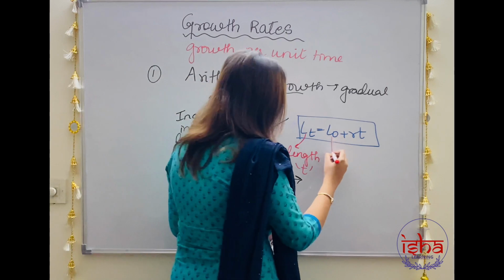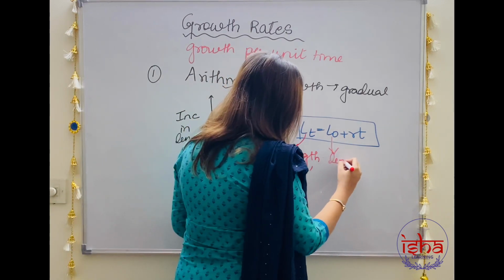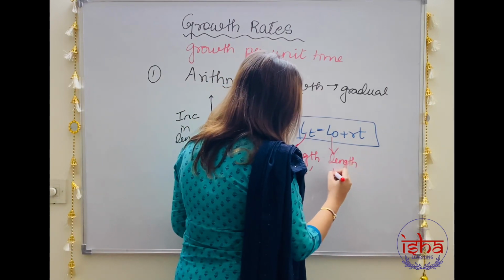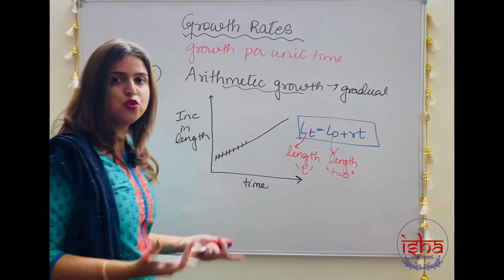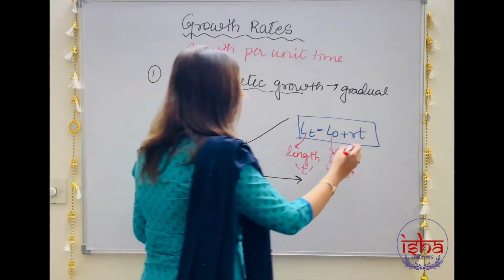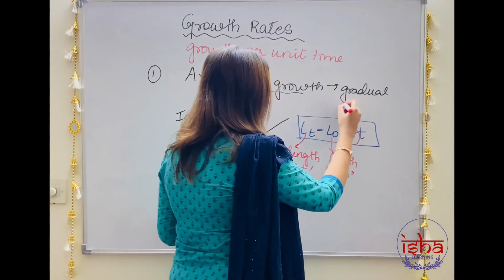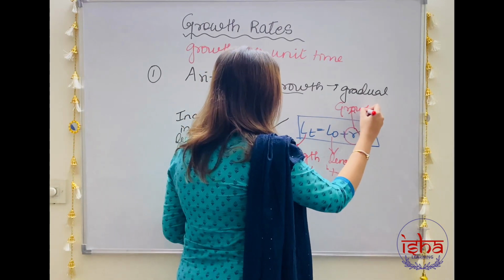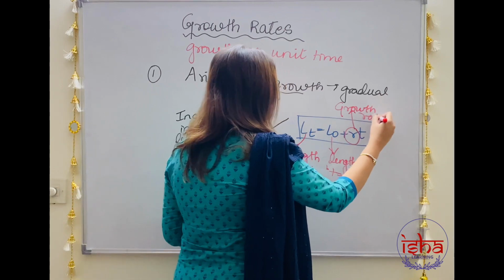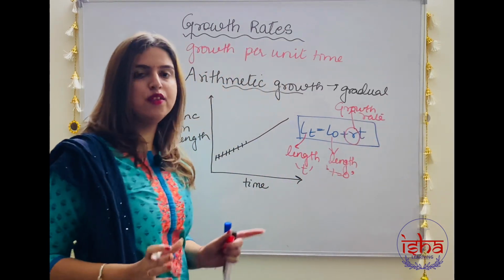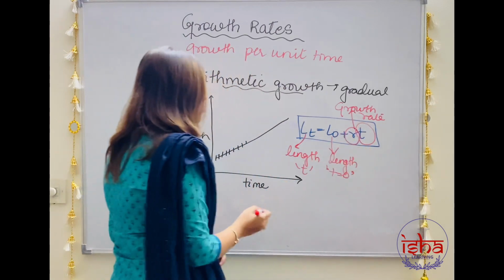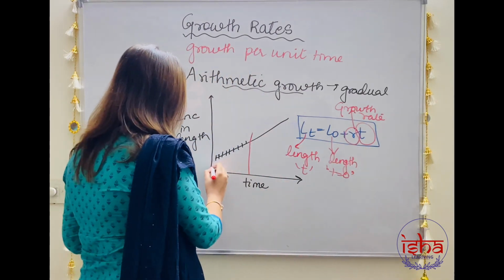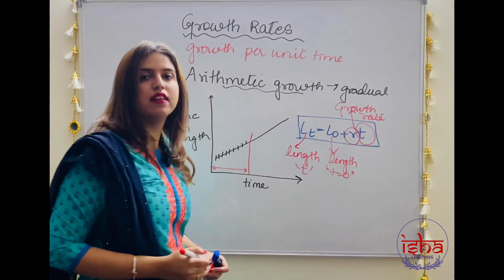L0 is the length of the plant initially at time equal to 0. So this represents the initial situation. r refers to the growth rate, which in this case is going to be the increase in length per unit time, and t refers to the time duration. Let's say here this is the time duration during which I have done the study.